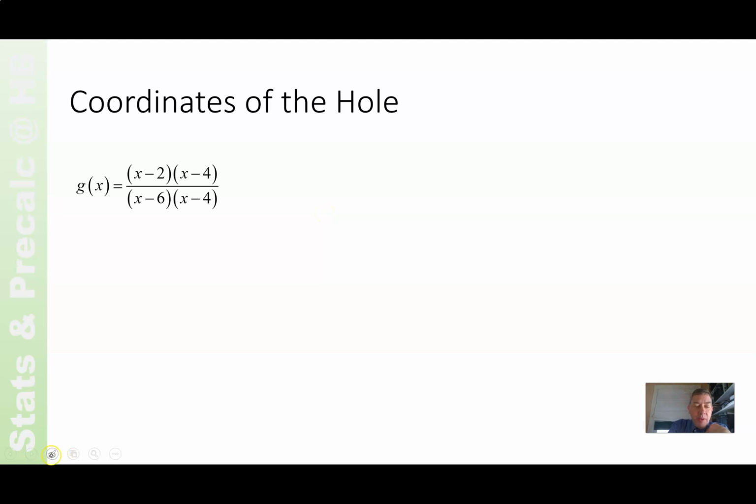You have a hole, and when you're looking for where that hole is, it's at x equals 4. But now these cancel, and so y is going to be 4 minus 2 over 4 minus 6, using the x as 4, and using what's left of the equation after you cancel it out. So the y-coordinate is going to be negative 2, sorry, that's positive 2, over negative 2, which is negative 1.